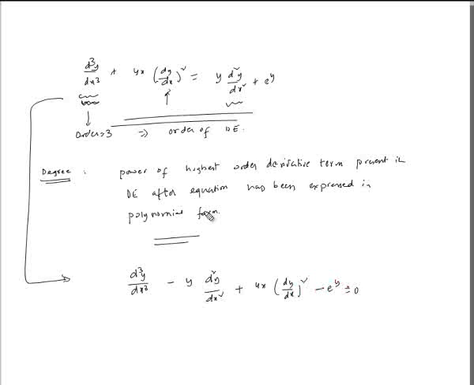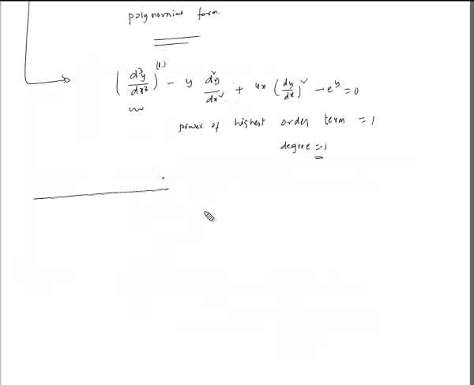This is how you express it in polynomial form. Now the power of this is basically 1, right? So the power of the highest order term is 1 here, and that is the degree of the differential equation. So we have seen how to find the order and the degree of the differential equation.